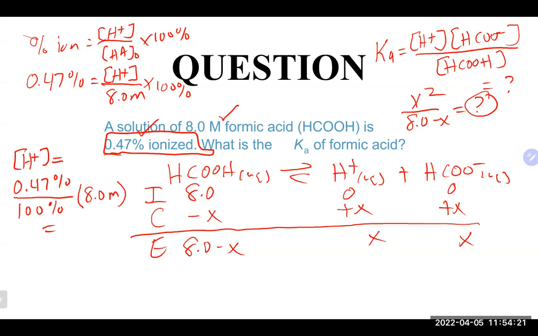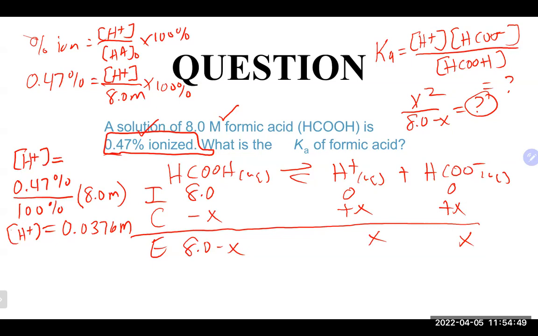And if we do that, it gives us 0.0376 molar, which would equal the H plus concentration there. Any questions on that calculation there?